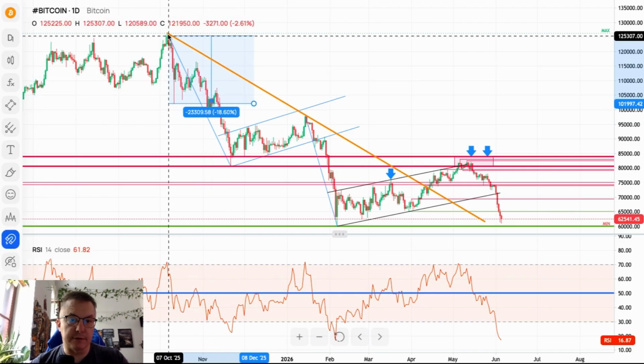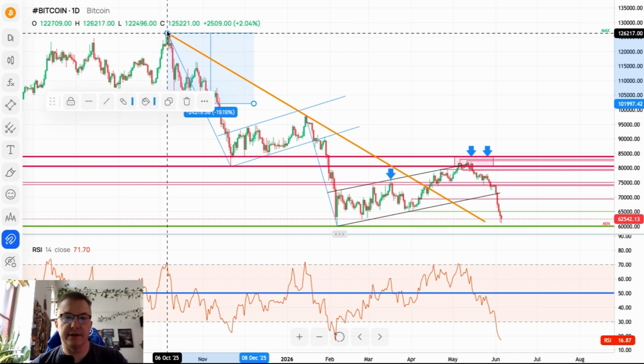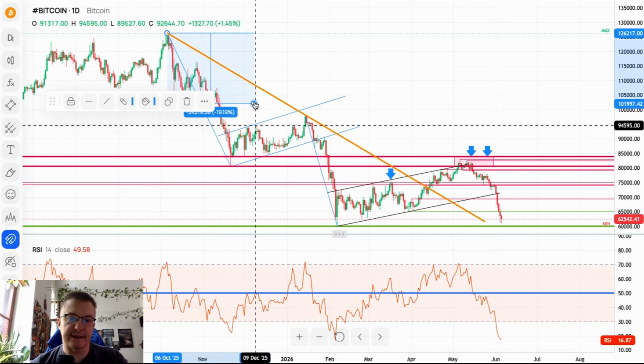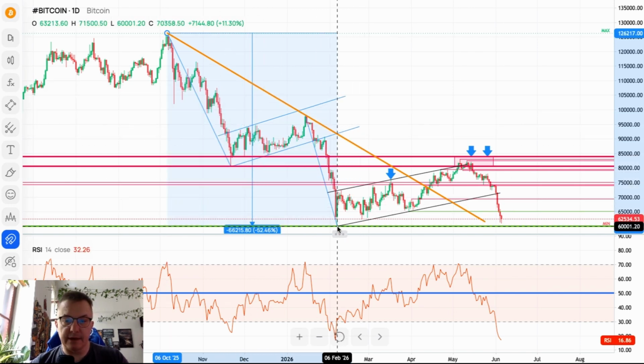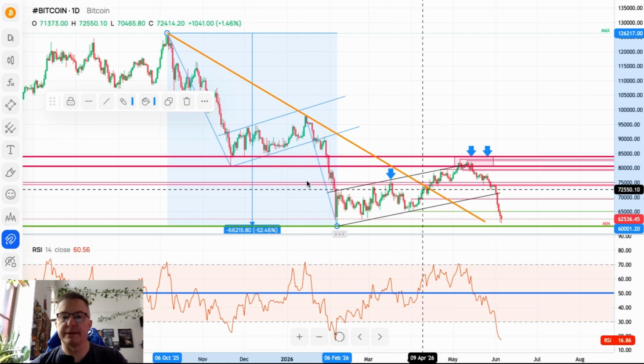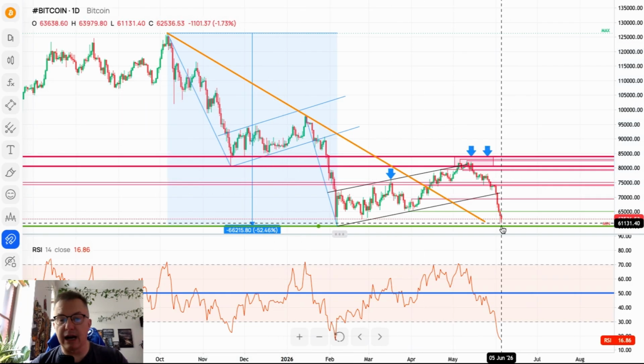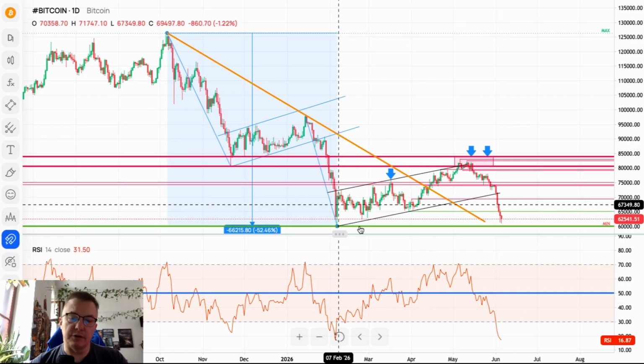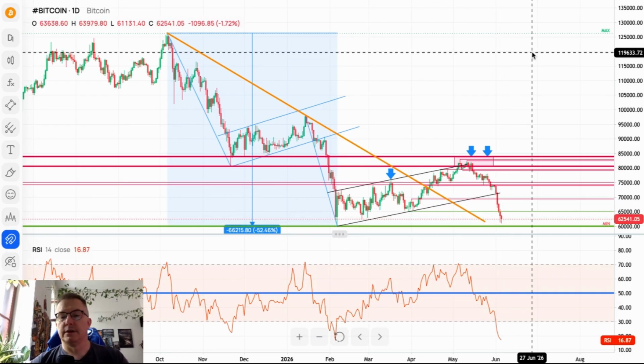So that was, let's say, something like this, I think. Yes, 126. Okay, let's say, and that was the low, and this low is minus 52%. Definitely. So half of the gains will be gone at the level of $60,000, and it doesn't actually look like it is the end of the downside movement.